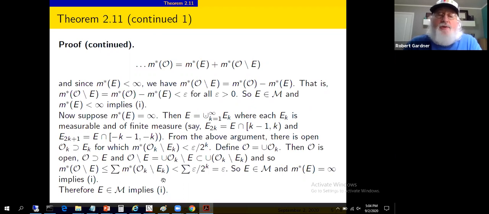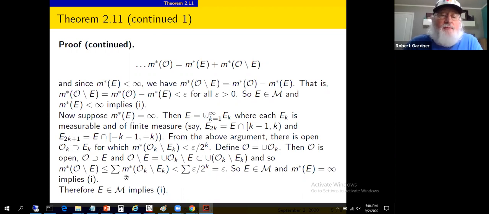So subset inclusion, I can throw monotonicity at that. We've got the outer measure of O set minus E less than or equal to the sum of these outer measures. That's subset inclusion, so we can get that from monotonicity, say. We know the outer measure of O sub k set minus E sub k is less than epsilon over 2 to the k. That's how the O sub k's were picked.